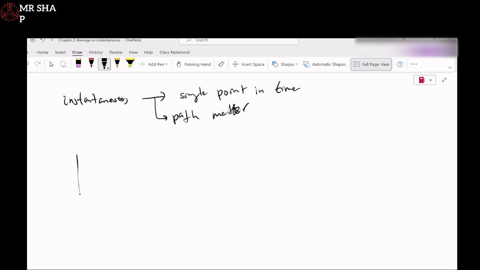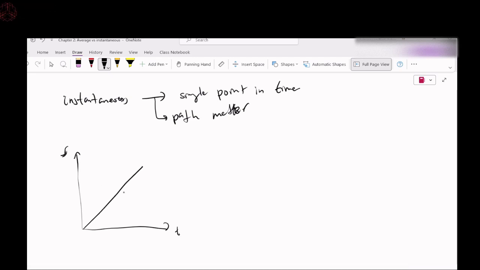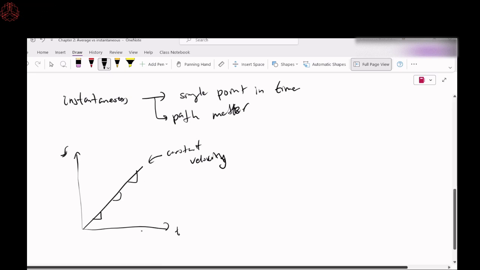Again, I'm going to have an ST graph. That one is not a problem because it is a constant velocity, so the gradient is equal at all points.